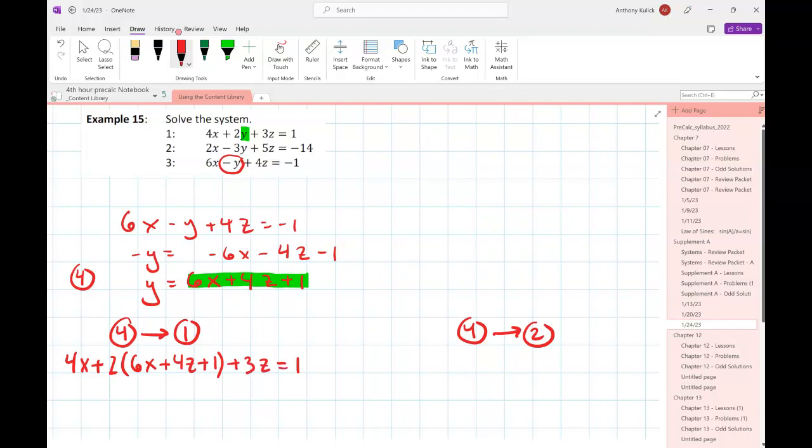And then I'm going to be plugging equation 4 into equation 2. So again, same idea. Everything stays the same except for the y, which I replace by 6x plus 4z plus 1.